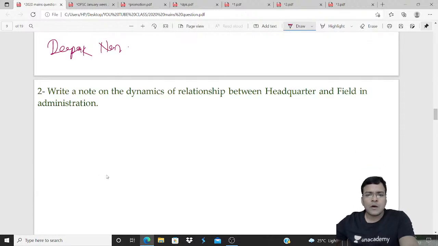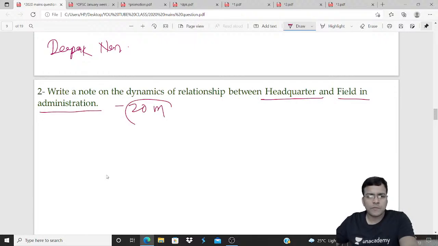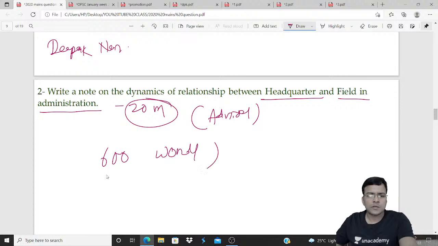Yes, relationship between headquarter and field in administration. This should be a 20 mark, but it asks as a 60 mark. So my advice is to avoid this type of question where you cannot write confidently 600 words. This question should be avoided, because headquarter and field, Gulick's idea of headquarter and field, we'll discuss this.